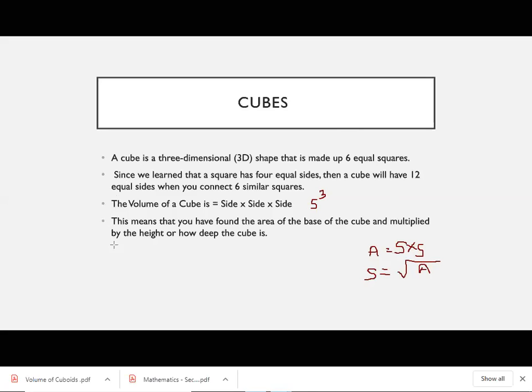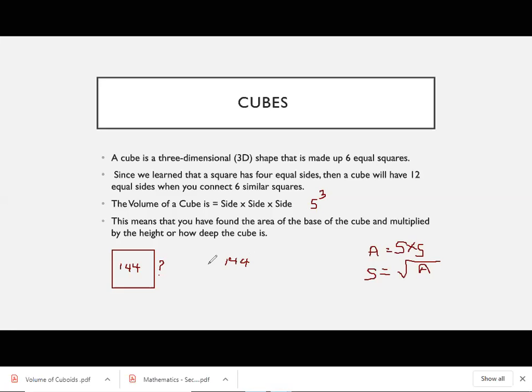If I have a square and the square is 144 centimeters squared, and because it's 144, you want to find out what is one side. It is not 144 divided by 4. That will not be correct.